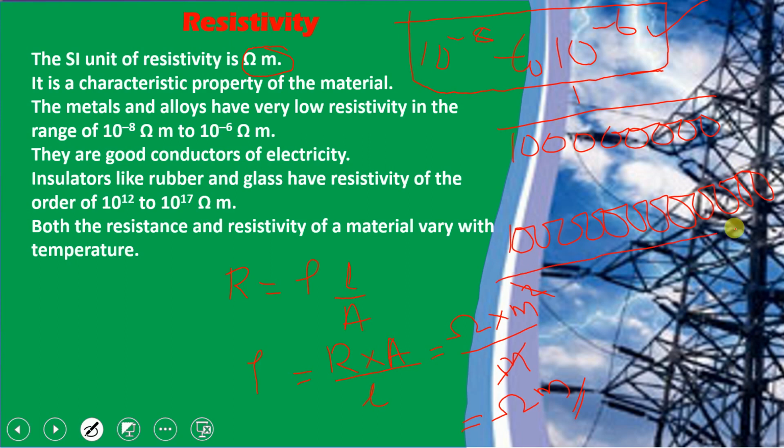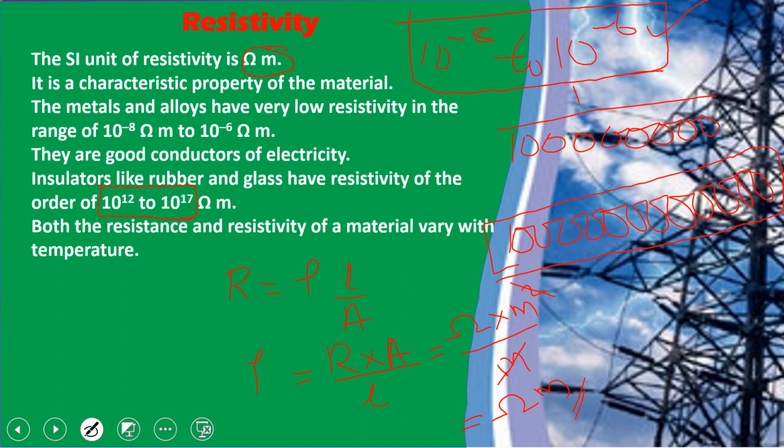Look, this is a very huge quantity, which means the resistivity is very high. Understand? It can come in the exam in objective types or fill-ups. The resistivity of an insulator is in the range of 10 raised to 12 to 10 raised to 17 ohm meter.